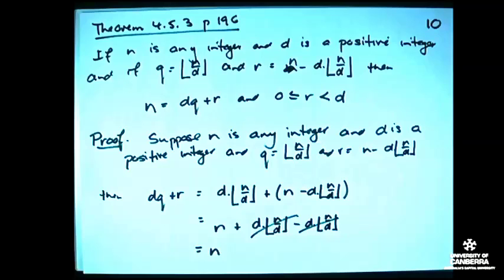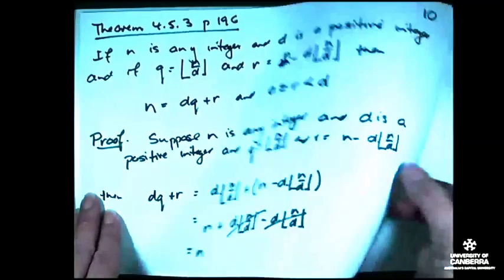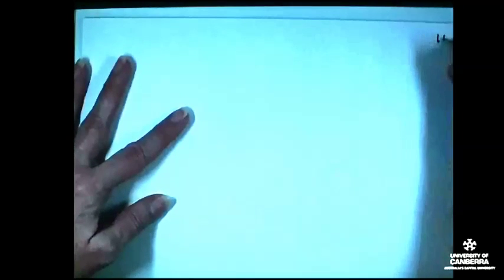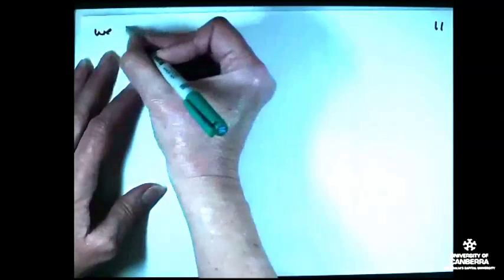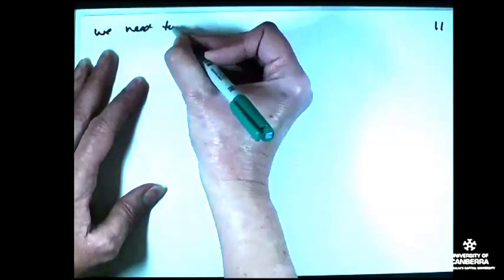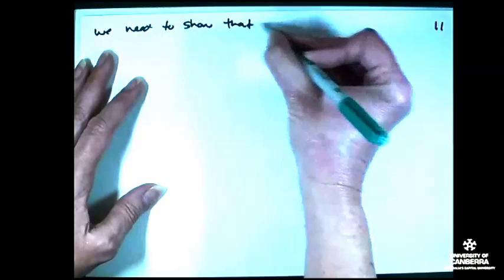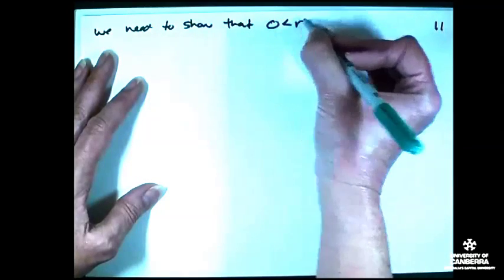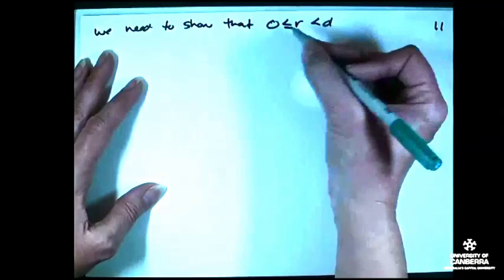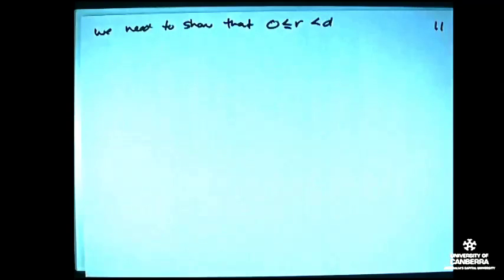All we need to show now is that r is between 0 and d. We need to show that 0 is less than or equal to r is less than d. We can have remainder 0, that's when we've got complete multiples.